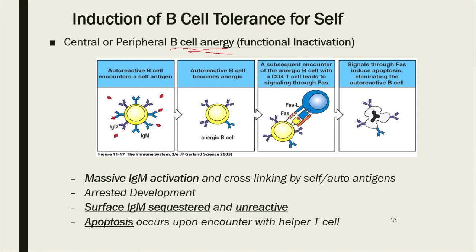Okay, anergy means functional inactivation, which is basically a peripheral mechanism of B cell selection. This is the detail of what was happening between the cross-linking, the massive IgM activation and cross-linking, and the step to apoptosis that we just talked about in the last slide.